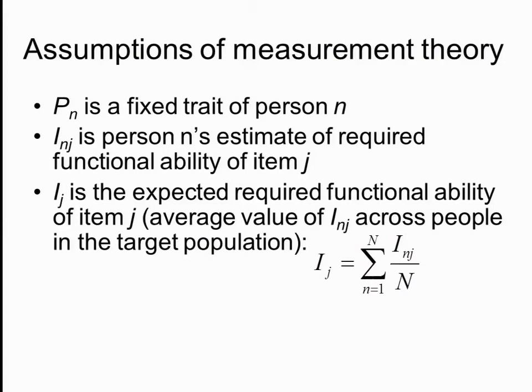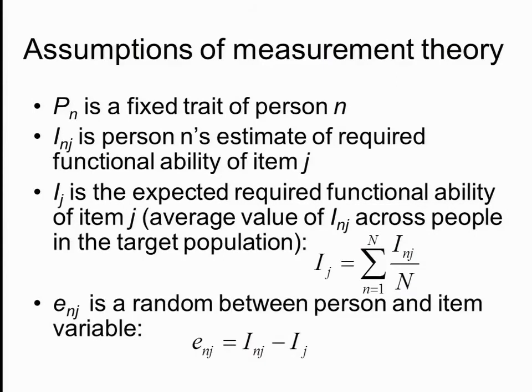But the average value of that variable is the fixed variable that we're trying to estimate. We then can define a random variable, which we'll just call E for error. That random variable is the difference between the I for the person and the average I for the population. And we expect this to vary both across people randomly and across items.